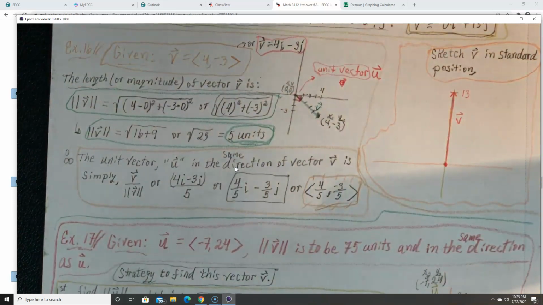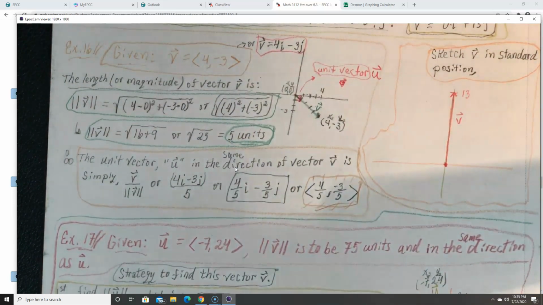But in the direction of vector v means you take vector v, divide it by its magnitude. So take vector v, which can be written in component form. You can leave it like that if you like. I just like it this way, 4i minus 3j, and then divided by 5.